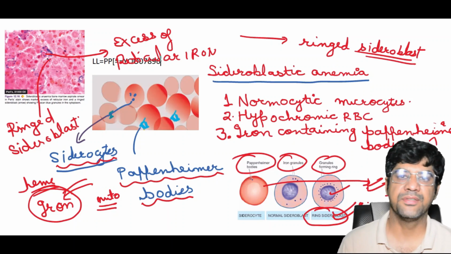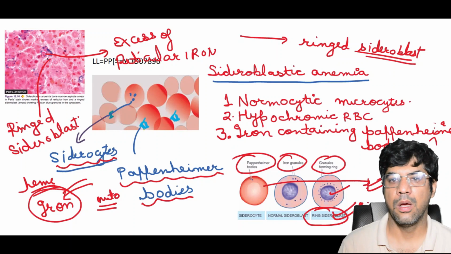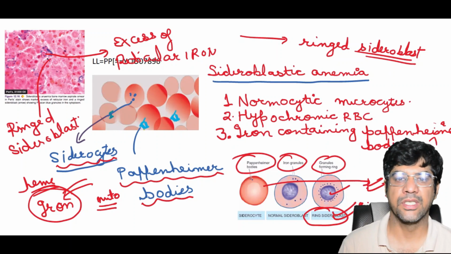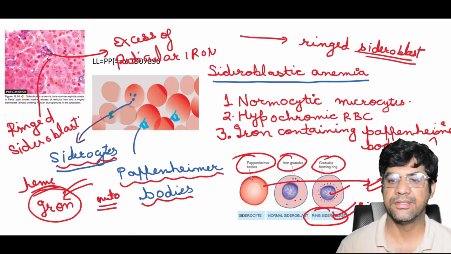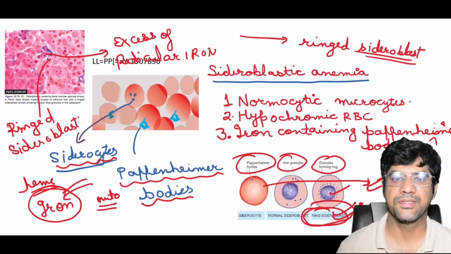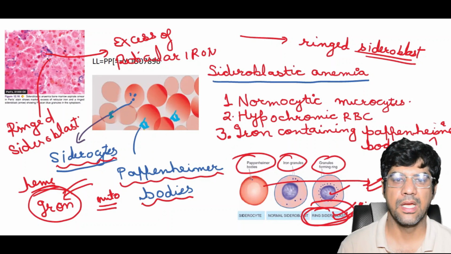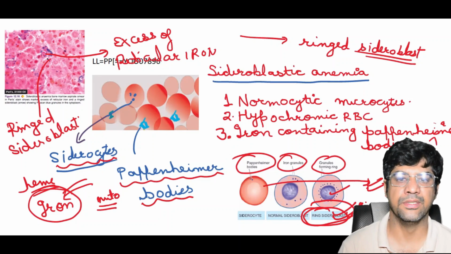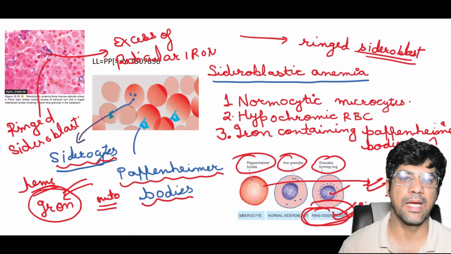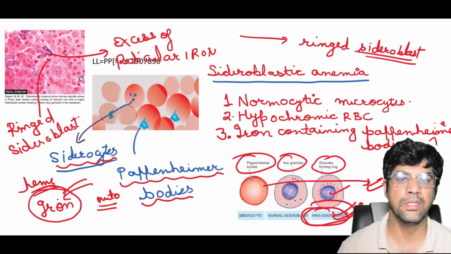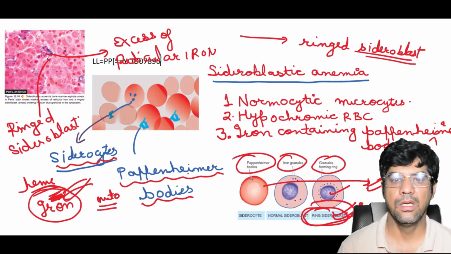Now sideroblastic anemia is characterized by impaired heme synthesis that leads to accumulation of iron in mitochondria and formation of these ring sideroblasts. This condition results in ineffective erythropoiesis and subsequently causes anemia despite adequate iron stores in the body.